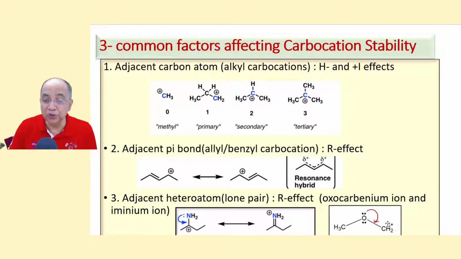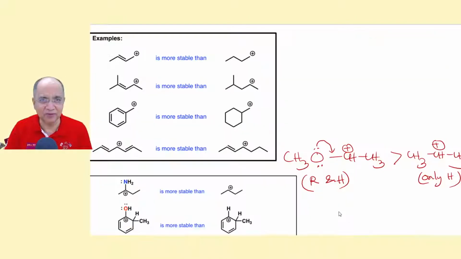You know, you draw another one. We have not drawn. I think it is injustice. In one case we have drawn and the other case we haven't. So I am doing justice now. Because of this, it is stable, adjacent heteroatom. So these are the main factors.